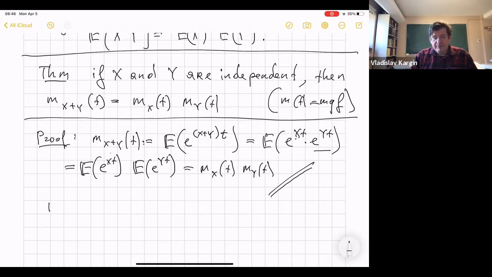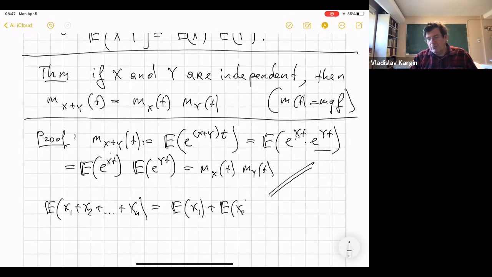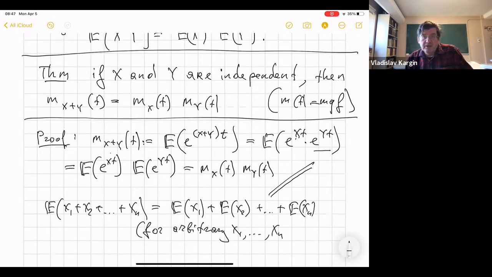So we always have that the expectation of x1 plus x2 plus so on plus xn is equal to e of x1 plus e of x2 plus so on plus e of xn, for arbitrary x1, ..., xn. Arbitrary means that they are not necessarily independent, just any random variables.